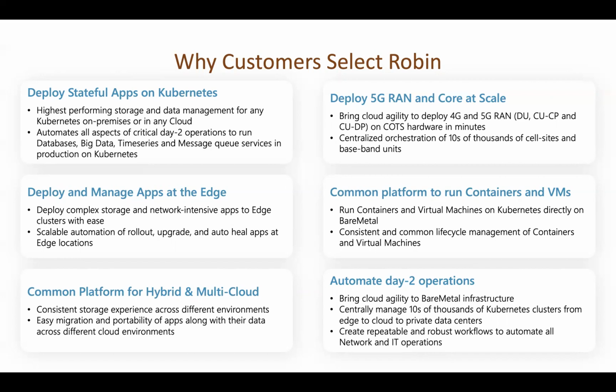So if you have some resources running on-prem and some on public cloud, you can run Robin anywhere to manage that. Or if you have a multi-cloud environment, that can be achieved using the Robin platform. Robin also automates day two operations, the automation at hyperscale, and also day two configuration management, monitoring, and lifecycle management of the application and the clusters as well.